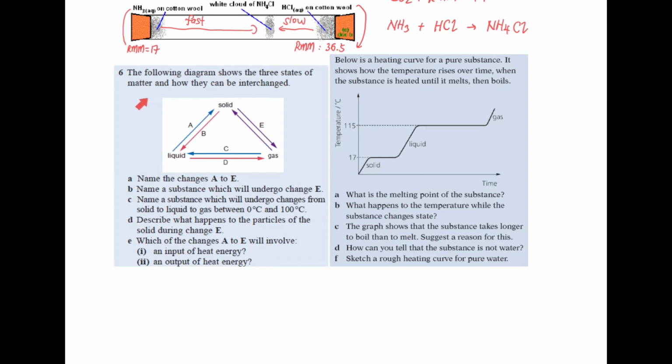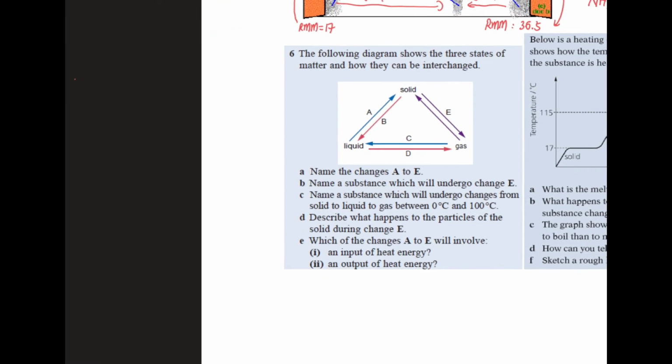Okay, now let's see this part. The following diagram shows the 3 states of matter and how they can interchange. Name the changes A to E. Okay, so we start from A. What do you think for A? A is freezing.